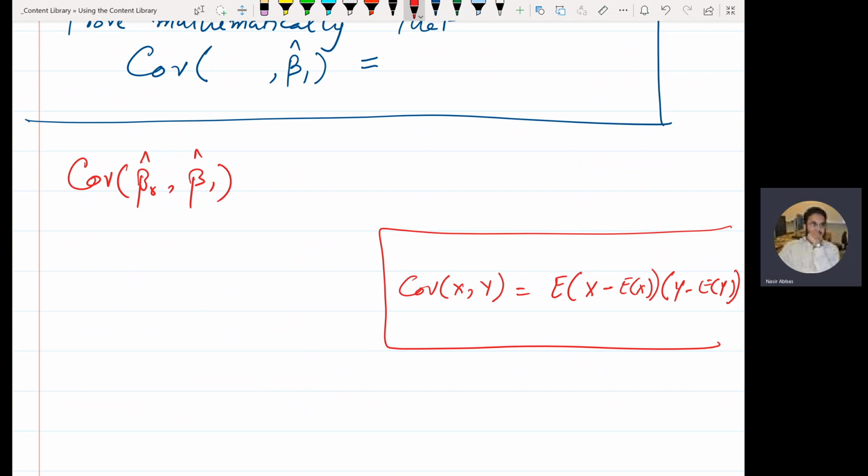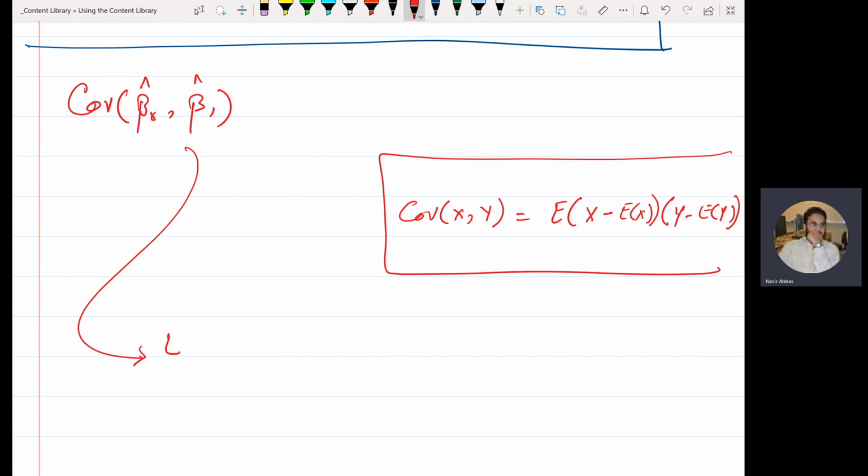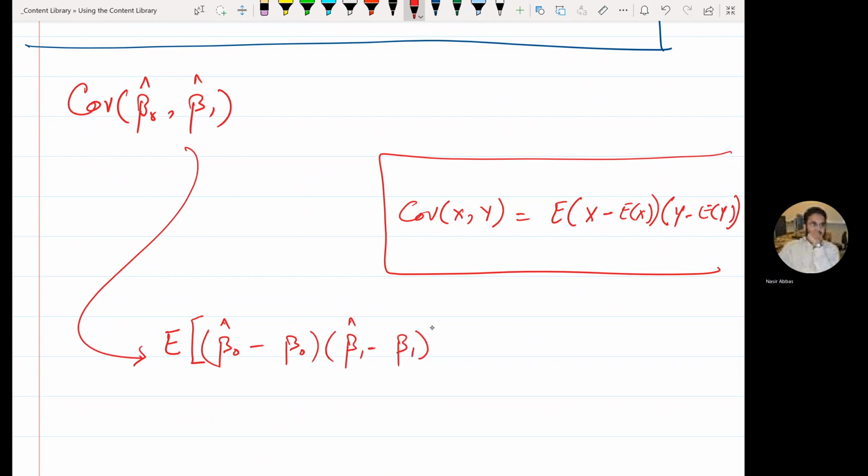This is by definition the covariance. So we write the covariance, this one, to be equal to the expected value of beta naught hat minus the mean of beta naught hat, times beta 1 hat minus beta 1, where beta naught is the mean of beta naught hat and beta 1 is the mean of beta 1 hat.